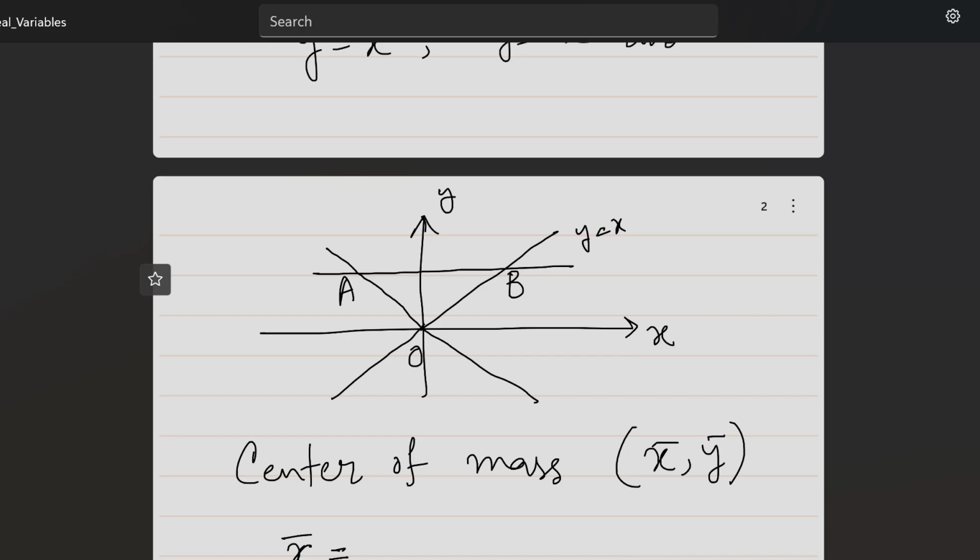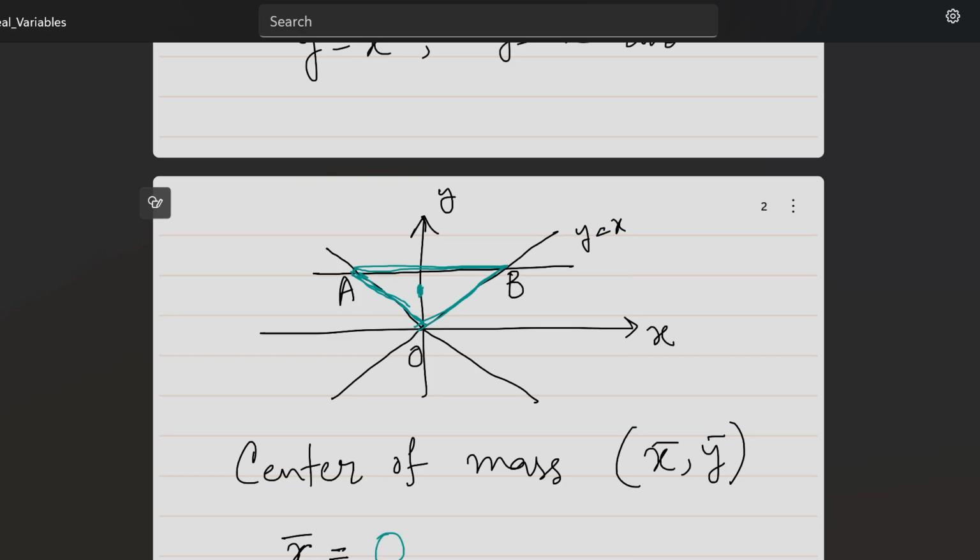That is fine. But I am asking, suppose you have this type of triangular region. This is symmetric about the y-axis. So can you tell about its coordinate where it will be the center of mass? The x coordinate only. It will be over the y-axis, which means x should be 0.